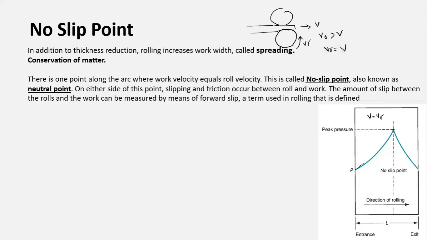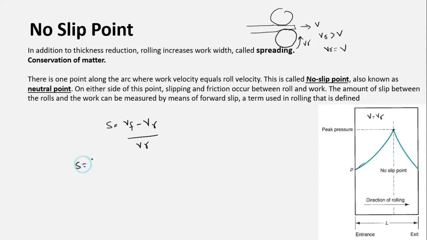So the amount of slip that occurs between the roll and the workpiece, we can write as S equals Vf minus VR, the velocity of the roll, divided by VR, right?